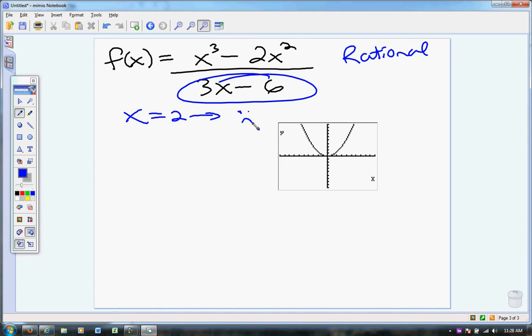All right? So right at 2, if I were to draw this graph correctly, here's 1, here's 2, there would be a hole here. Okay, and that's kind of small. Let me draw it a little bit bigger.